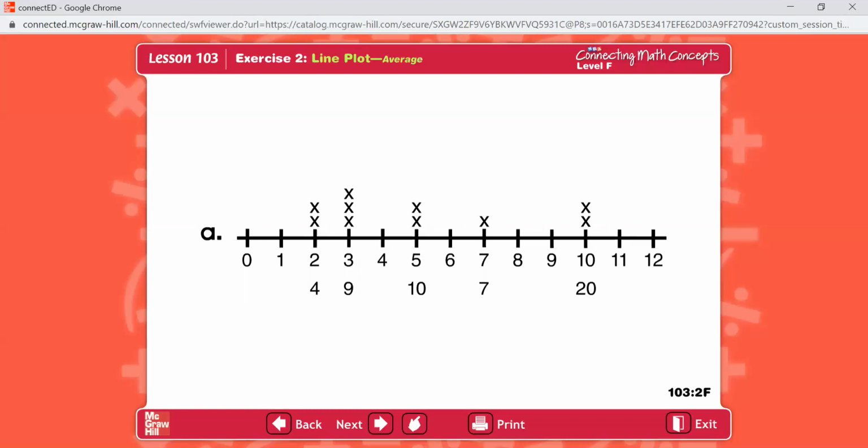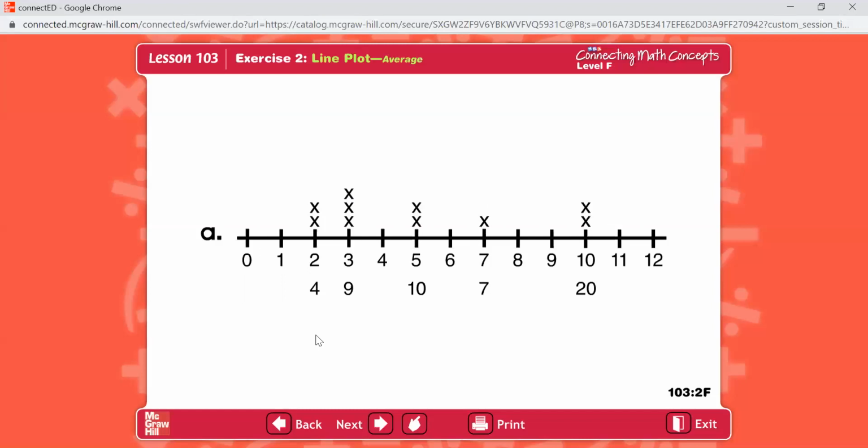Now add the totals and divide by the number of x's. The total for these x's of 4 plus 9 plus 10 plus 7 plus 20 is 50. And you're going to divide by the number of x's, which is 1, 2, 3, 4, 5, 6, 7, 8, 9, 10. And 50 divided by 10 is 5. So our average is 5.